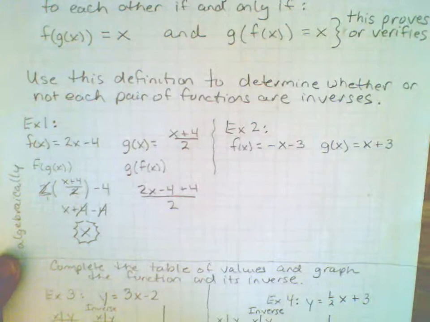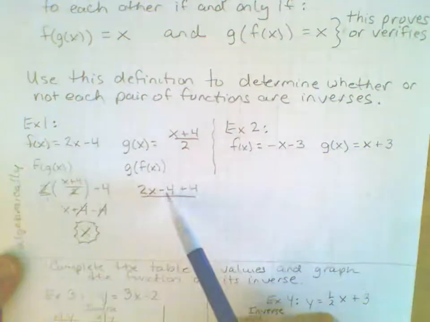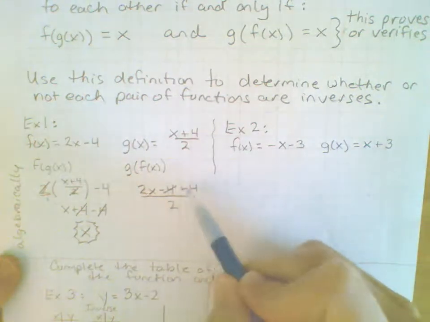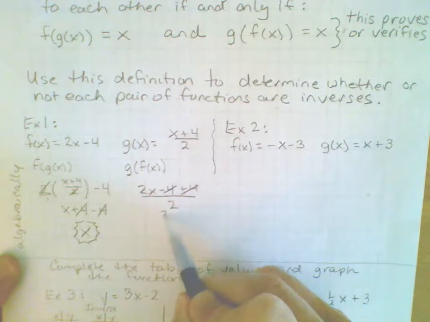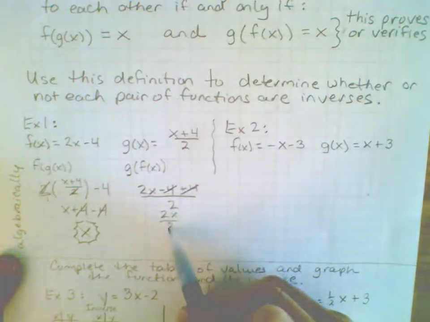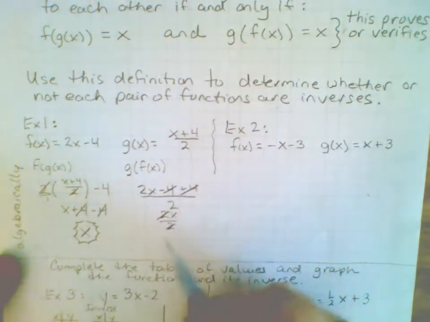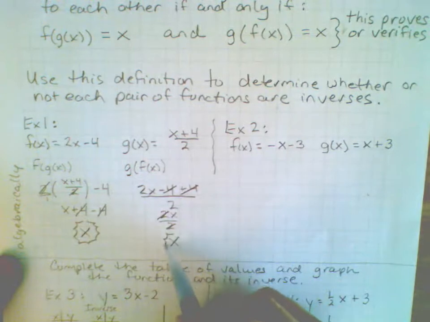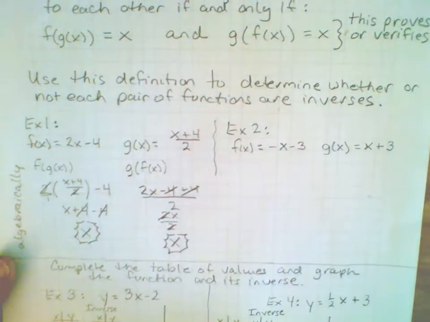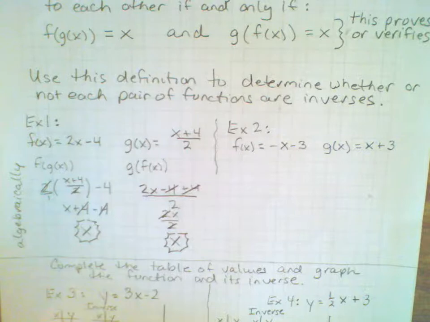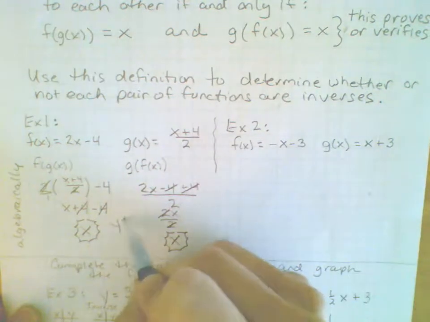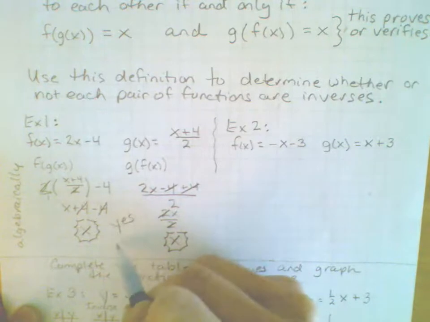Now this one simplifies a little bit differently. I can do the negative 4 plus 4, I can cancel those. So I get 2x over 2, and then I can cancel the 2's, and I just get x. So are these two functions inverses to one another? Yes, they are inverses.